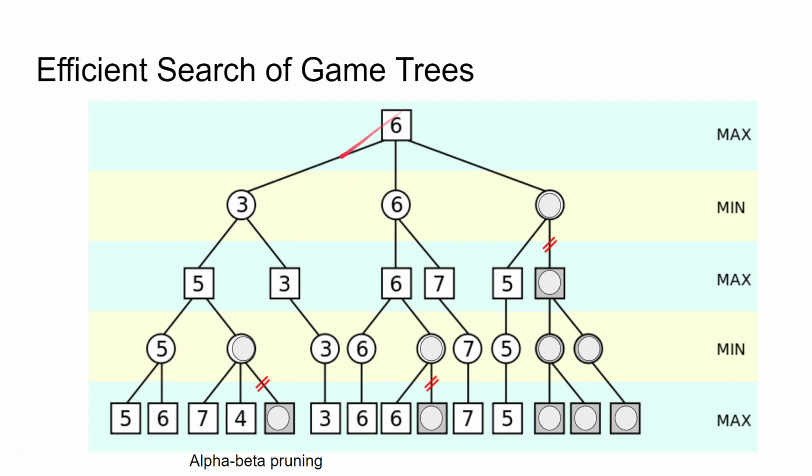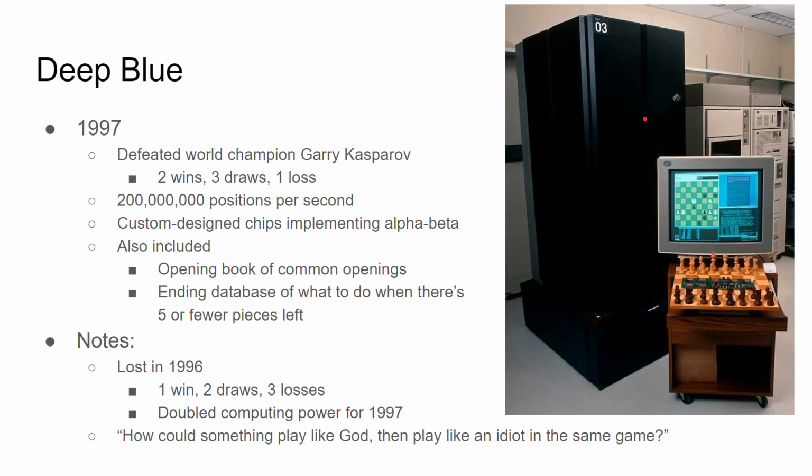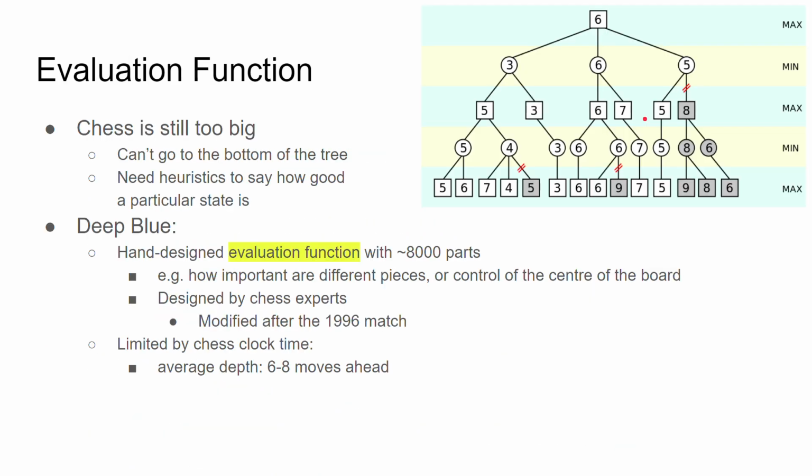That's a lot of moves in chess, and if you just assume we're doing random moves until the end, that's just not going to scale well. What did they actually do? You can't go to the bottom of the tree, and instead they said, okay, let's go a certain way down the tree, and then stop, and then just have some sort of estimate of whether this is a good state or not.